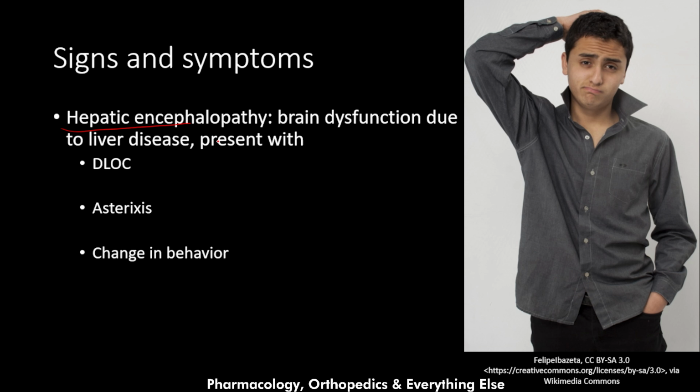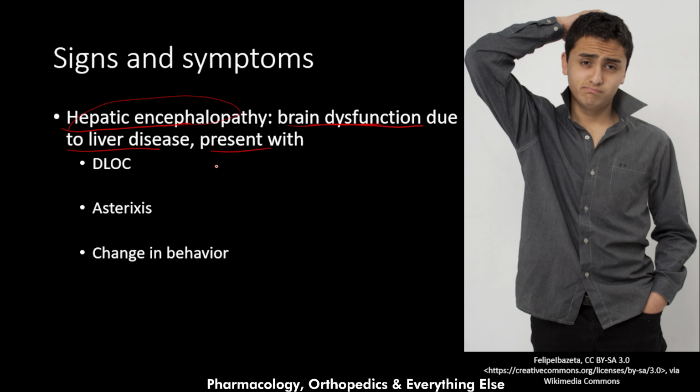Hepatic encephalopathy is a brain dysfunction due to liver disease. One of the functions of the liver is to detoxify the blood from toxins, and once the liver can't do that anymore, the toxins would go into the brain and lead to inflammation there, and this would lead to brain dysfunction, which is termed hepatic encephalopathy.